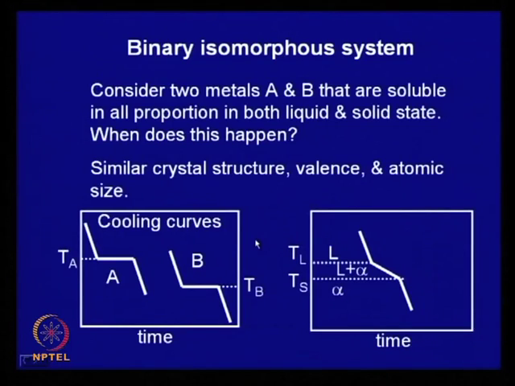Now, first let us look at binary isomorphous system. Let us consider two metals A and B that are soluble in all proportion in both liquid and solid state. We have looked at it earlier while dealing with crystal structure. When can this happen? In liquid state, the miscibility is well known.